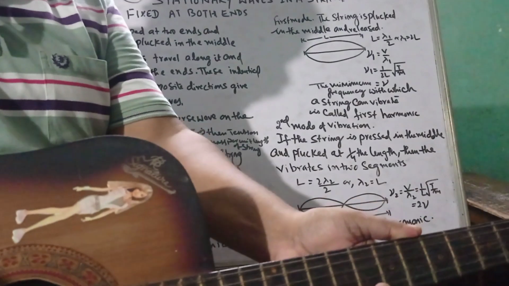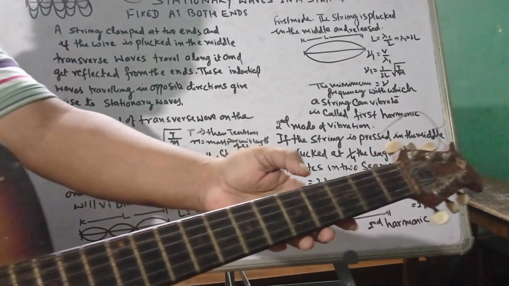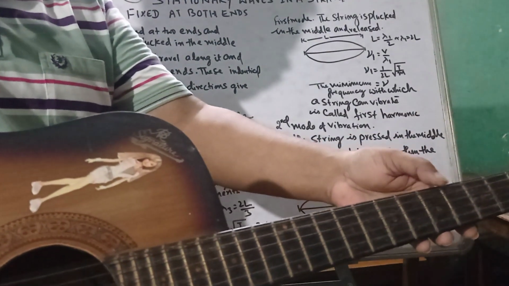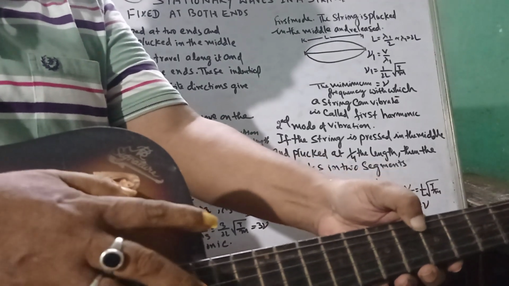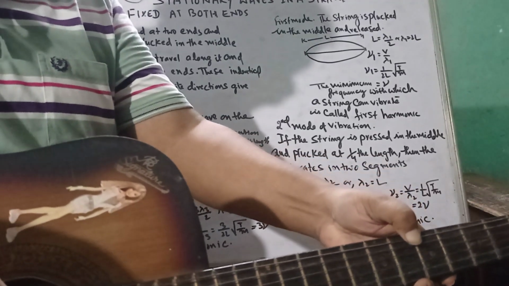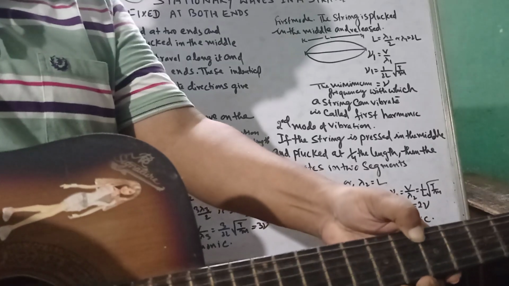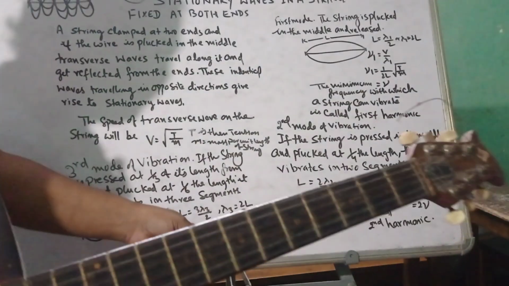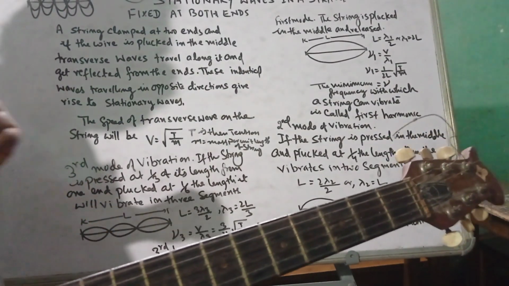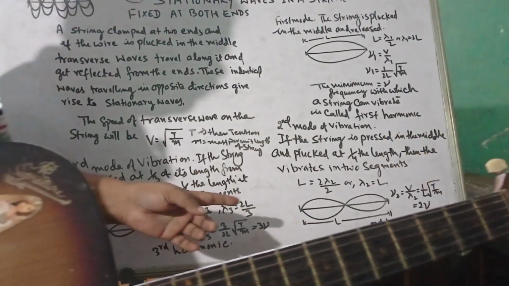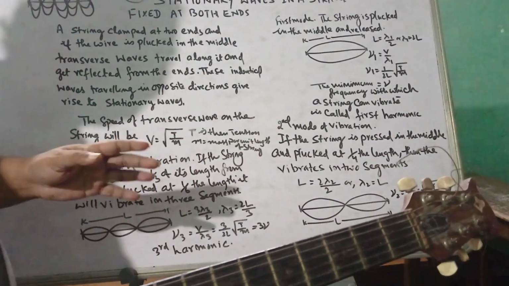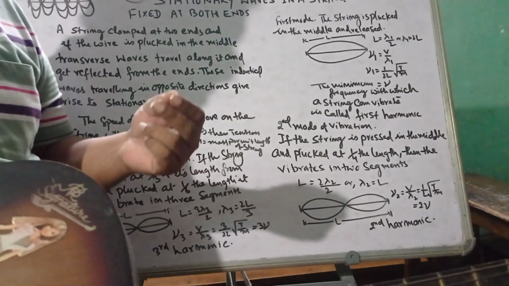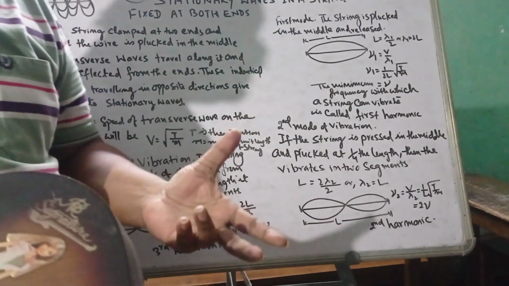That means when you press your finger at one third and then divide it into six equal parts and pluck here, you will get thrice the frequency. When the frequency increases, your sound becomes more clear.